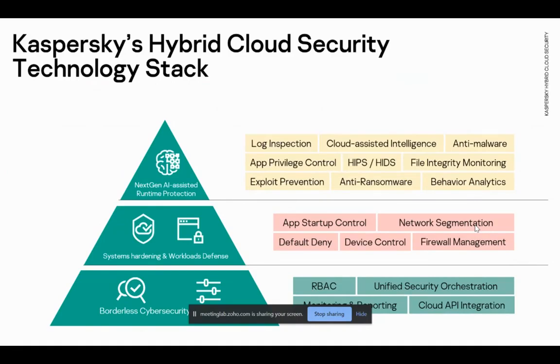So we have various technologies like log inspection, cloud assisted intelligence, anti malware, app privilege control, HIPS, host intrusion prevention and host intrusion detection. We have file integrity monitoring, anti ransomware, exploit prevention, behavior analytics. We have anti crypto, we have remediation engine.